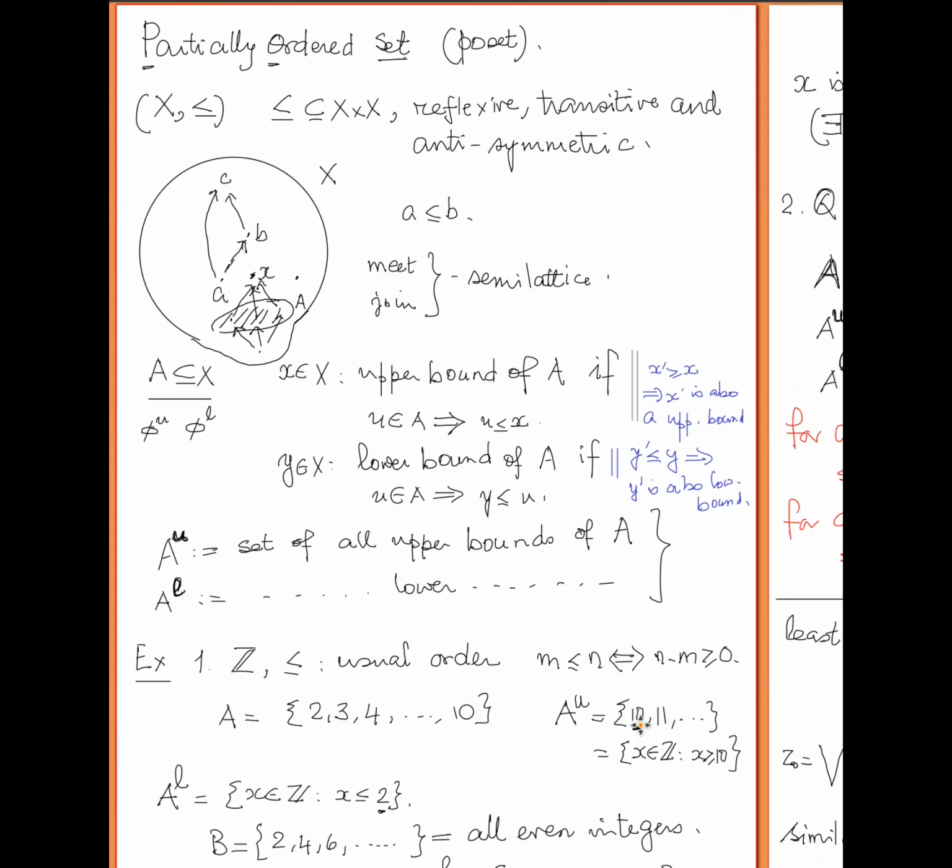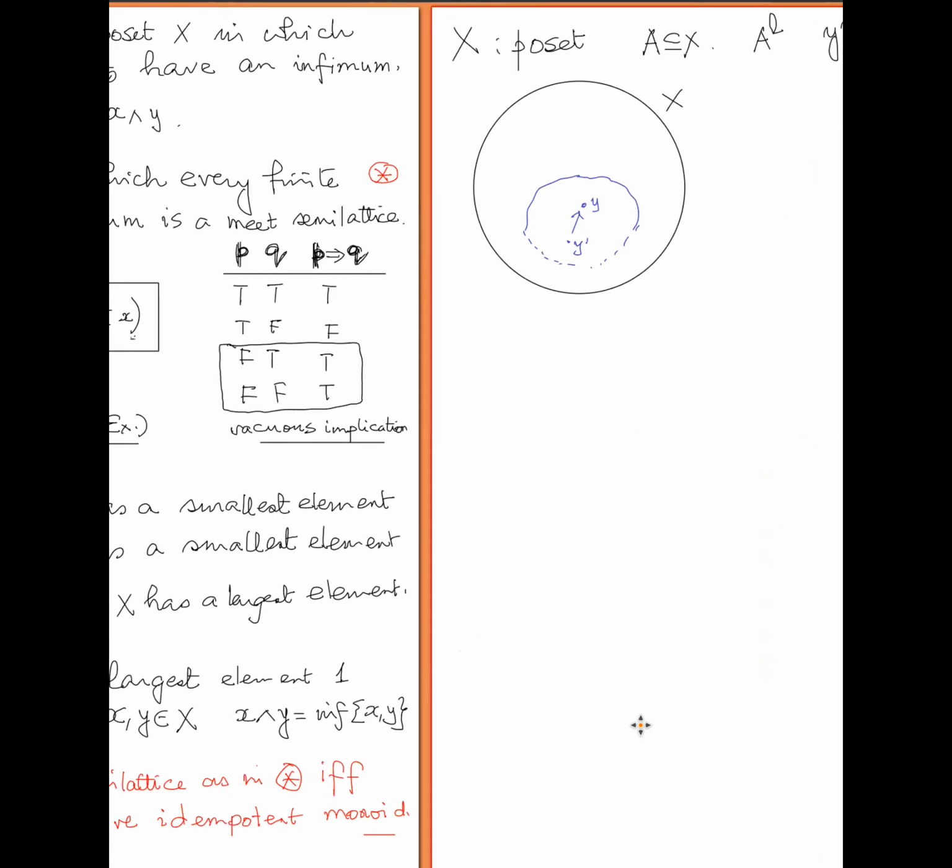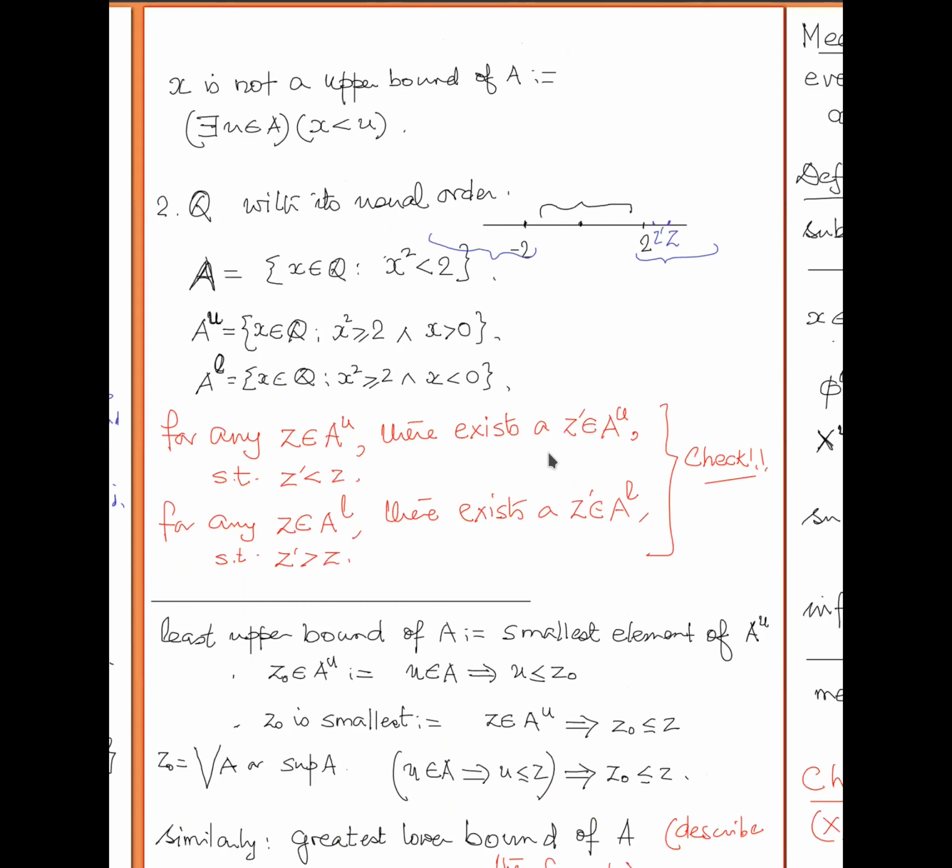So sometimes the set of all upper bounds has the property that you have something smaller than that. But I don't say that anything smaller than Z is in it. So check over here, there could be a confusion. Here, the moment you take an element from the upper bounds, you can still find a smaller element inside that set of upper bounds.